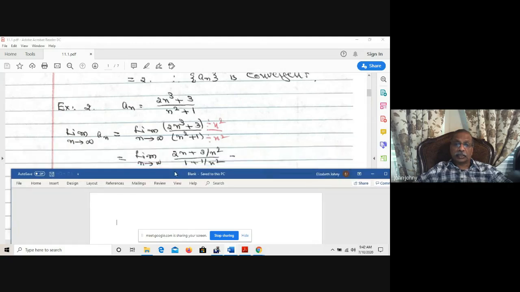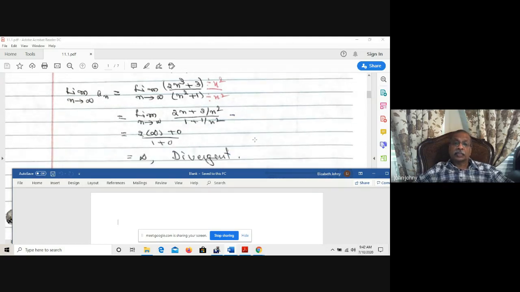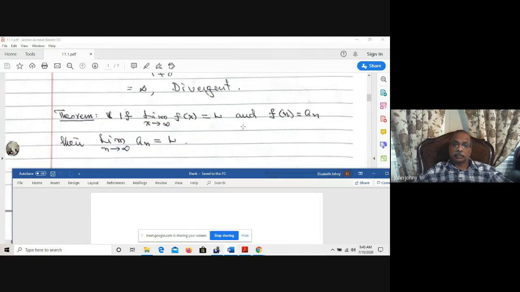So you get the limit of (2n plus 3 over n square) divided by (1 plus 1 over n square), that is equal to 2 times infinity plus 0, since 3 over infinity is 0, divided by 1 plus 0, which is 2 times infinity, which is infinity. So that sequence is divergent.